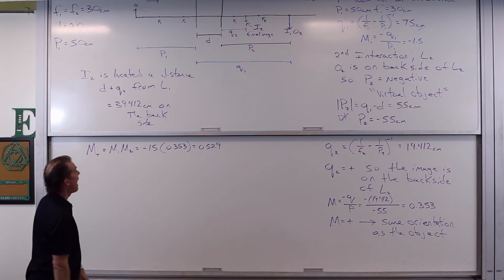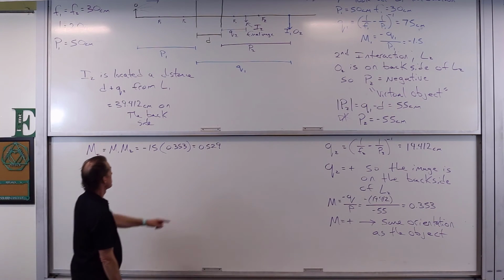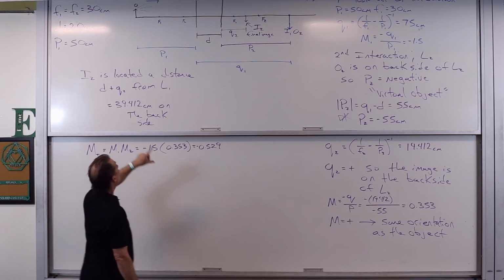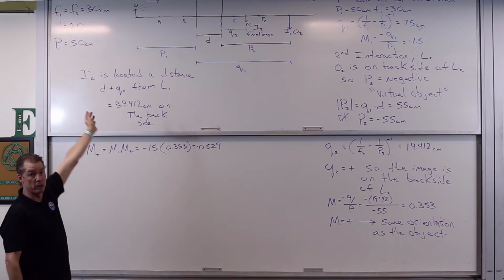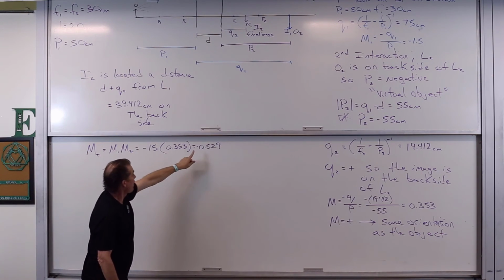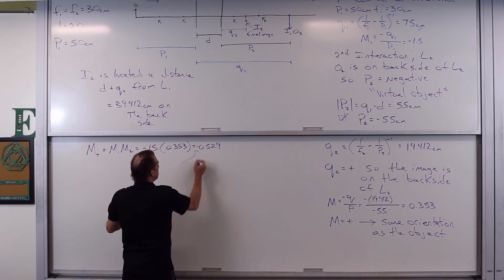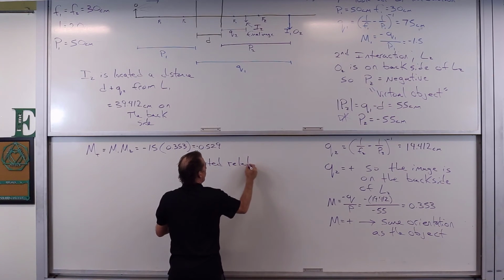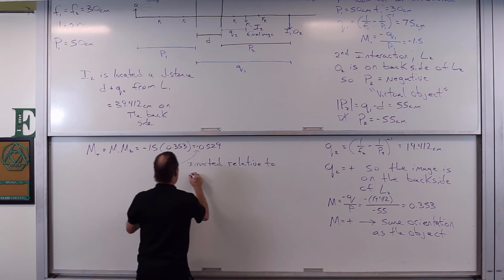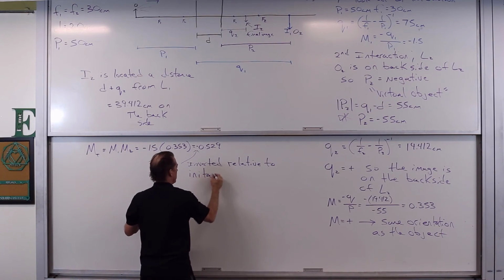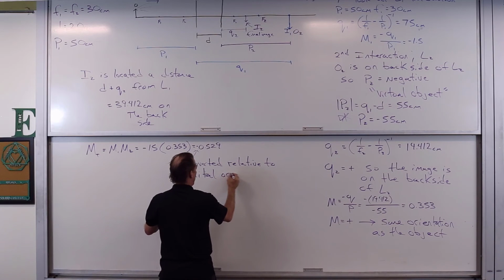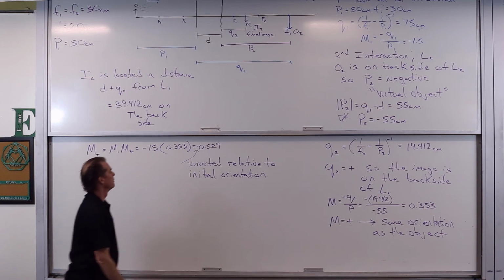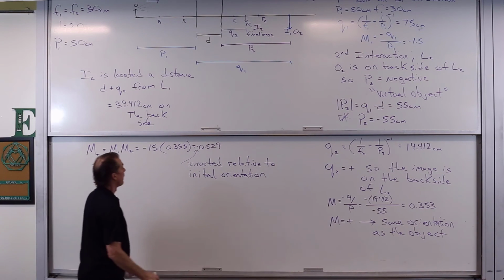So it's a little bit over half the size that it was before. Notice that this came out to be negative. So overall, the image is inverted relative to its original orientation. That's what we drew in there, but that's what this tells us.